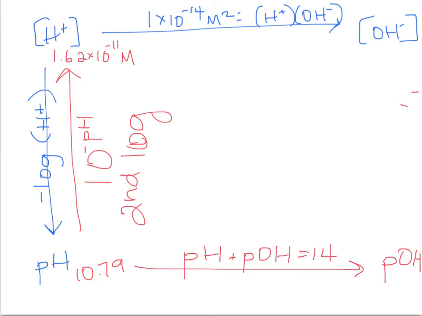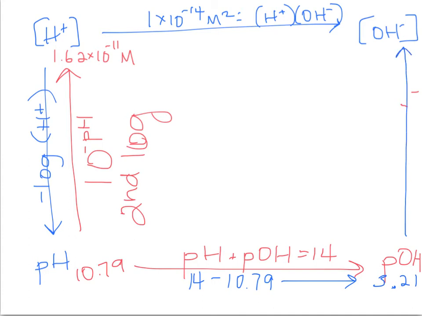So, of course, I'm going to show my work because I'm a nerd. So it's going to look like this. If I wanted to go from the pH of 10.79 to the pOH, I'm going to say 14 minus 10.79, and that's going to get me 3.21. And so then I want to go back up and find out how many hydroxides are there.